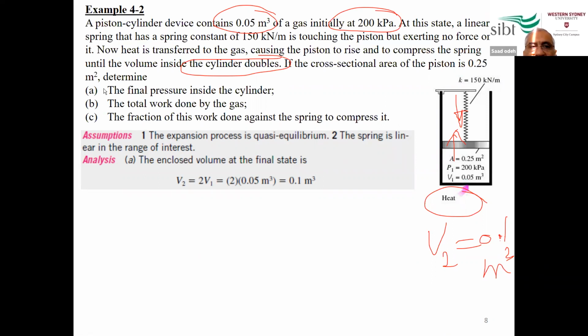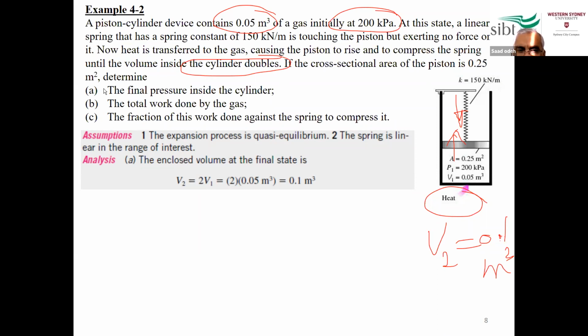Remember, in the ideal gas equation, you always need the initial and final conditions. If you have initial pressure and final pressure, initial temperature, final temperature, initial volume, final volume, and any one of these is missing, we can find it easily.